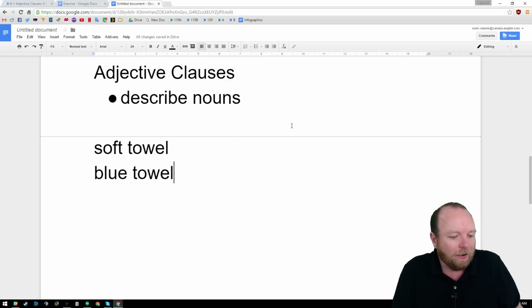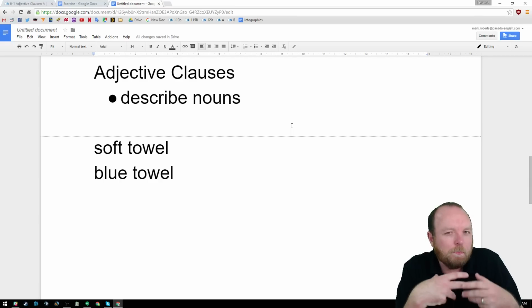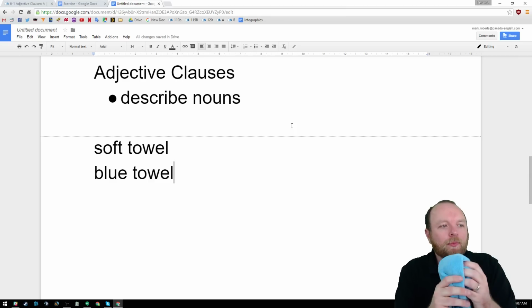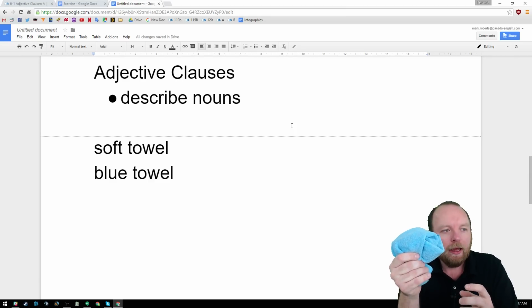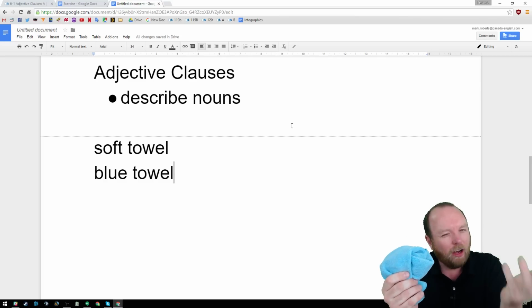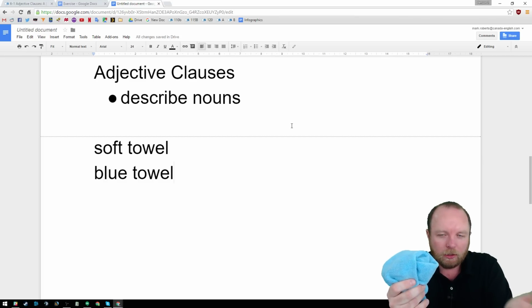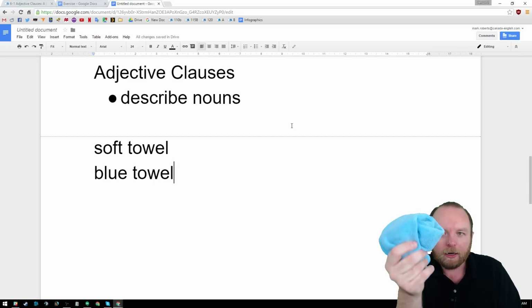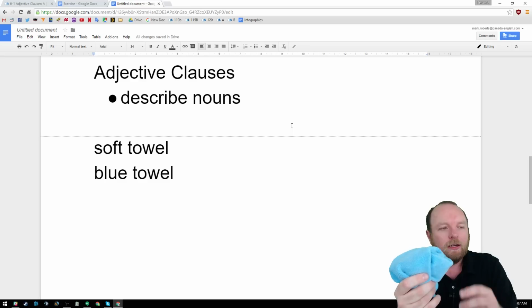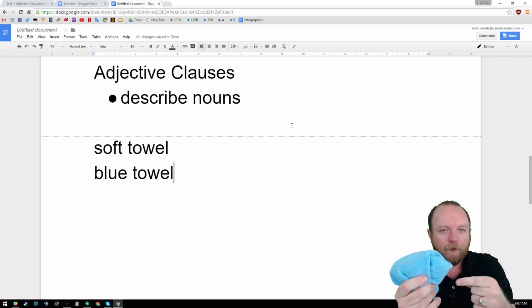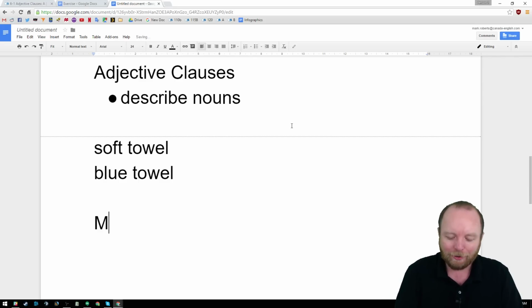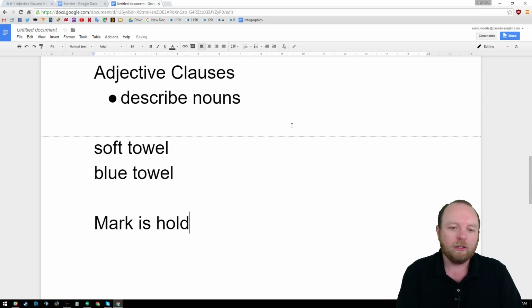But sometimes we want to use many words to describe towel. Example, how do you say towel and not soft towel or blue towel? Mark is holding. So blue towel, soft towel, Mark is holding towel. Now, we can't say that.